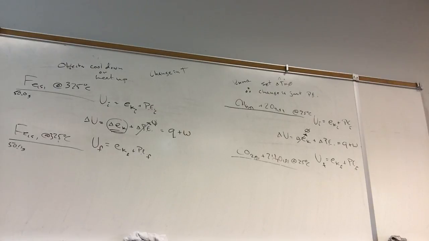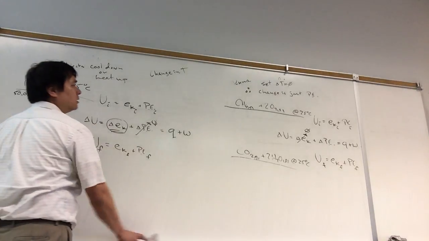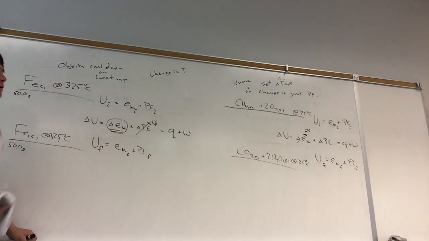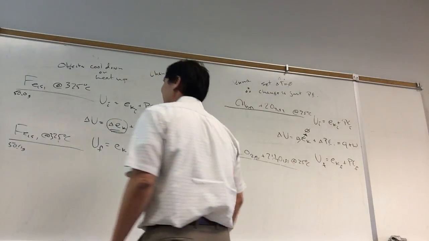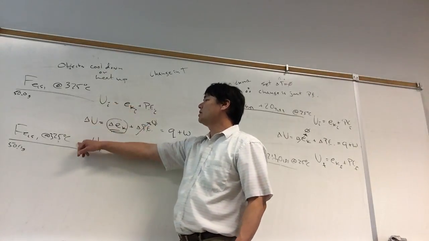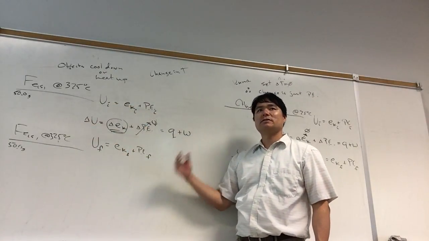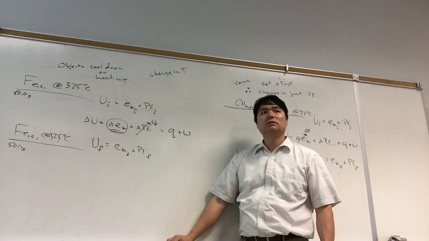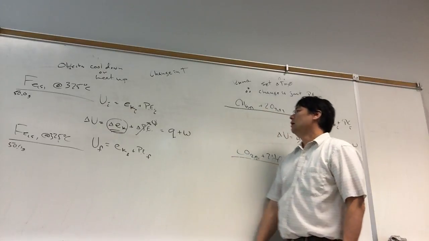All right. So this is kind of the brief start to this. Now, what we're going to do is just focus on heat. As the surroundings heat up, what can happen? Well, here, as the iron cools down, what's going to happen to the surroundings? The surroundings are going to warm up.